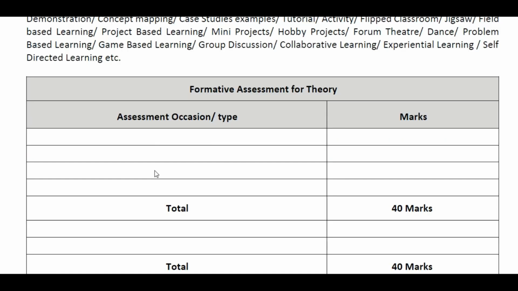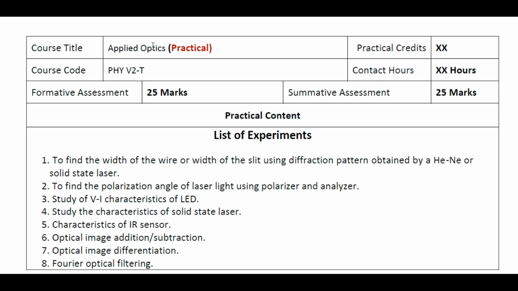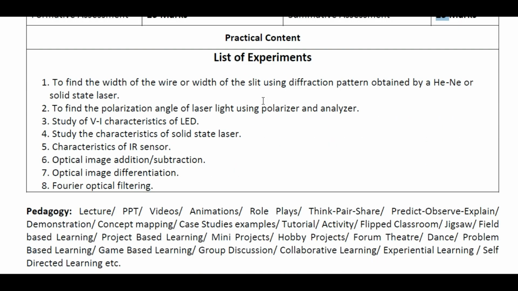And there is a practical on this Applied Optics, 50 marks practical, 25 each, formative and summative. The list of experiments is also mentioned here, so students can go for this list of experiments.